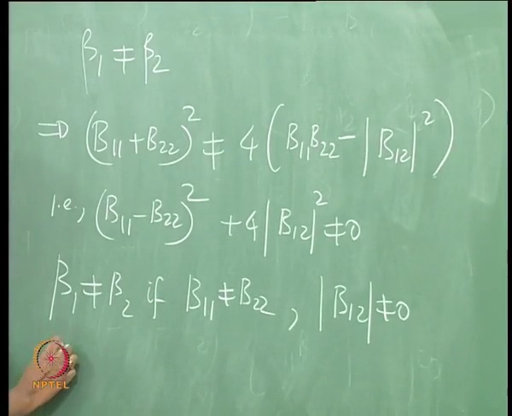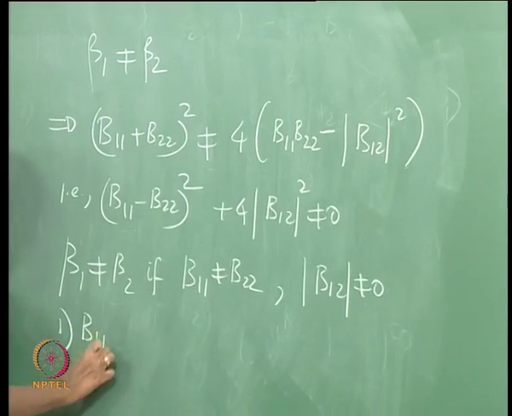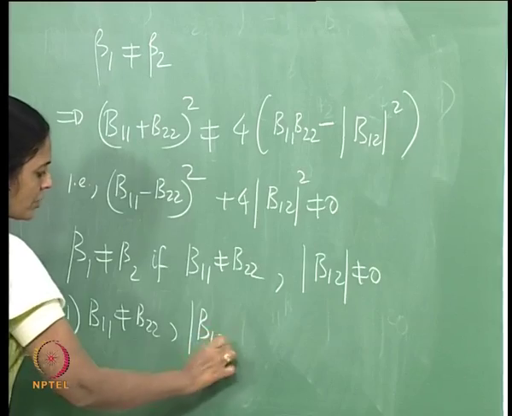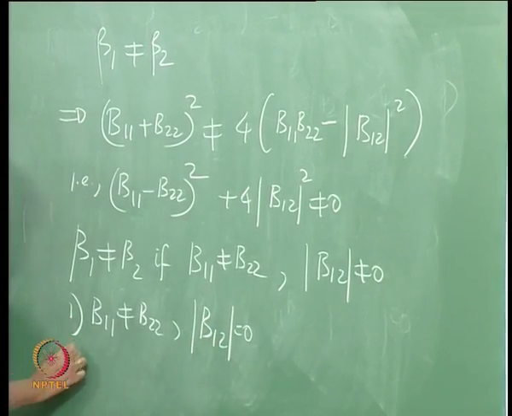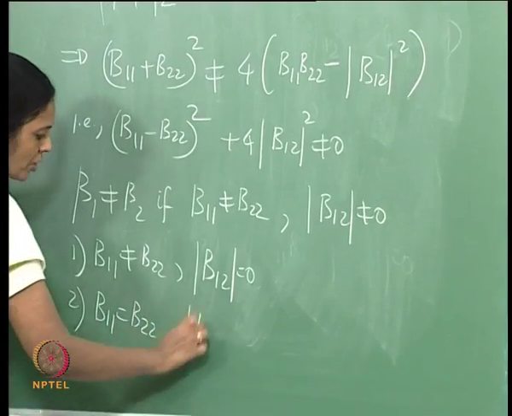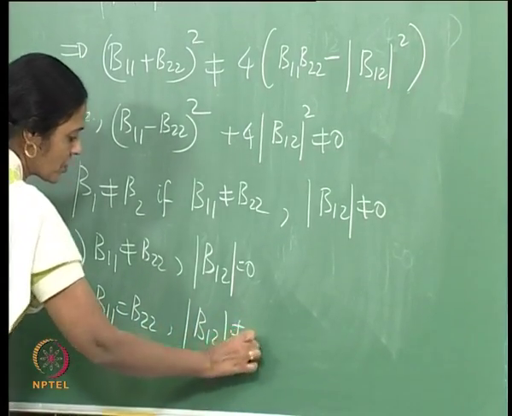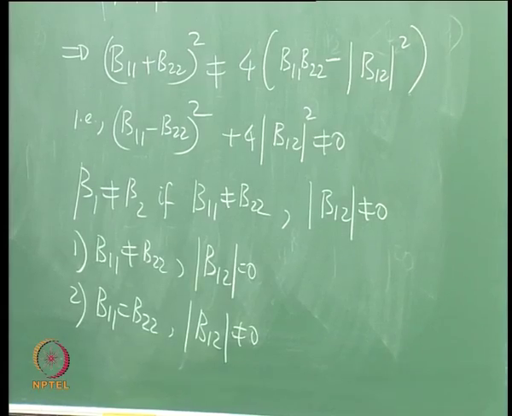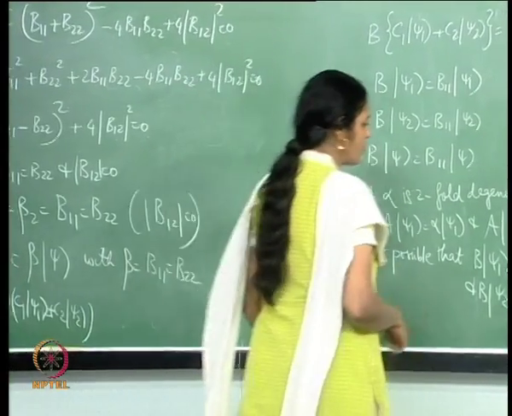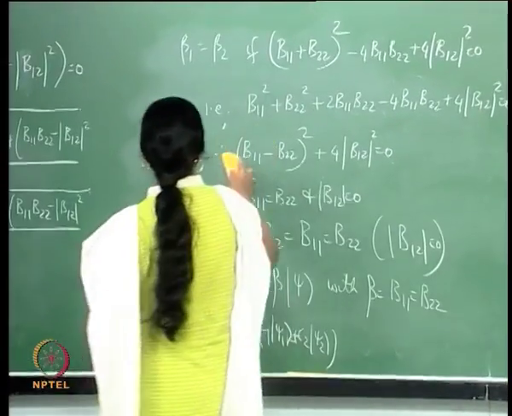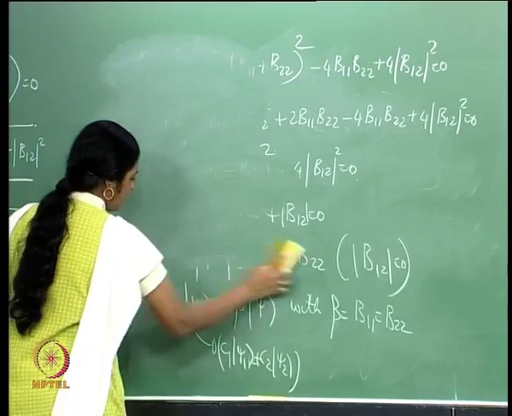So, we can consider the first case, B11 not equal to B22, and for simplicity mod B12 equal to 0, or B11 equal to B22, but mod B12 not equal to 0. In either case, beta 1 is not equal to beta 2, and we have two different roots corresponding to the quadratic in beta.